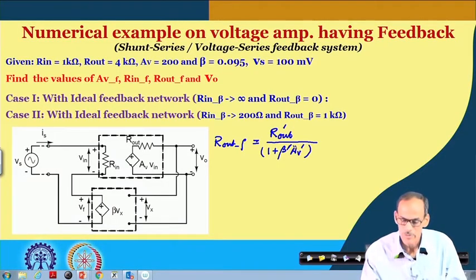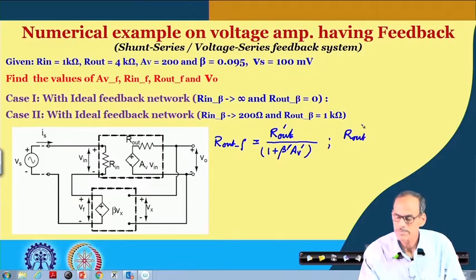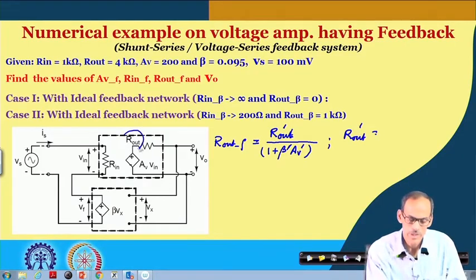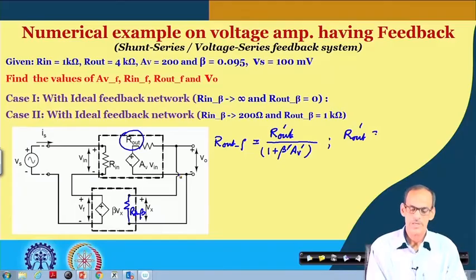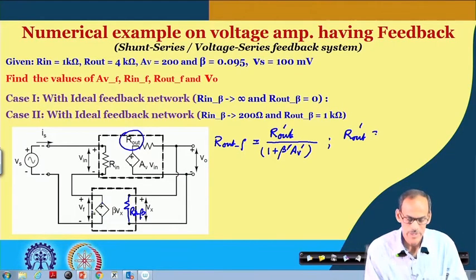Here R out dash is the net output resistance we get without considering the feedback network.